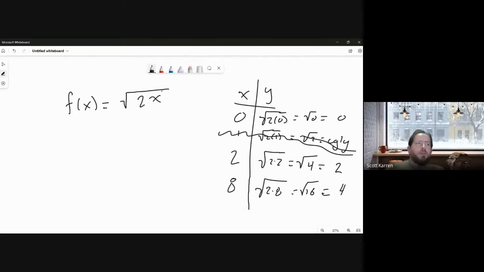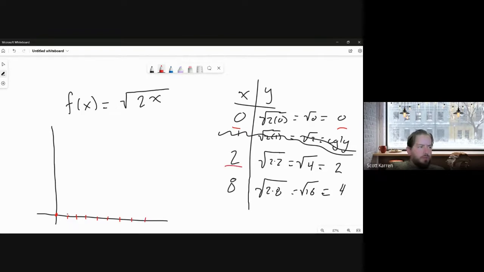So I've got a couple of values, and I'll plot those. I've got the value here at 0, 0. So that doesn't change. I've got the value here at 2, 2.